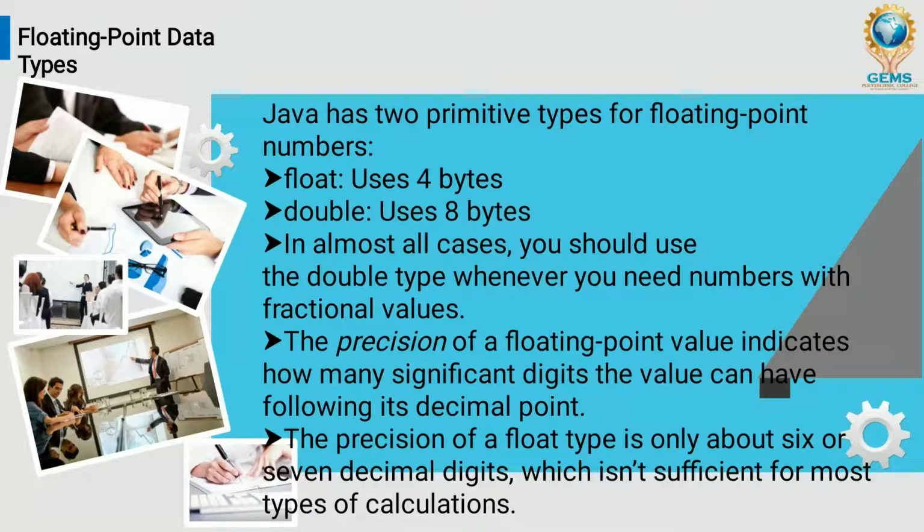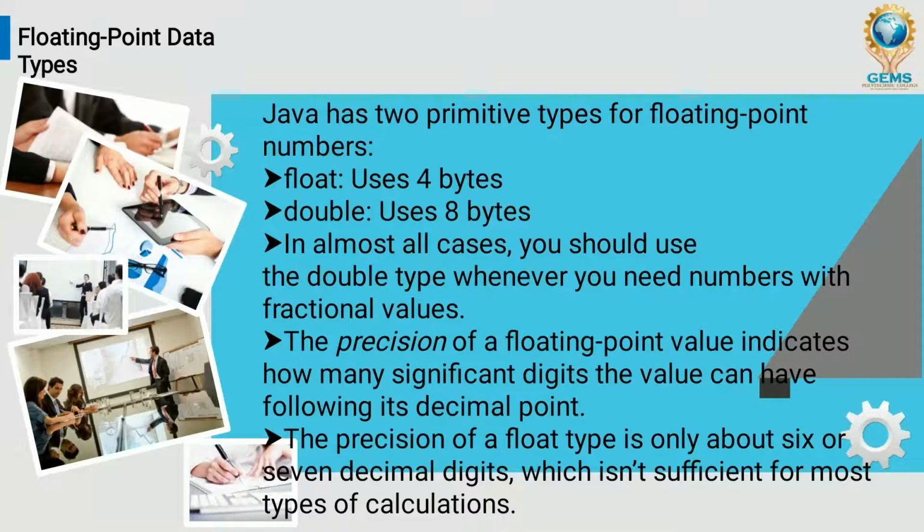If you want to store fractional values, like 10.3, 100.4, 200.6, where will we store them? In floating point types. Floating point types are of two kinds. First one is float, second one is double.